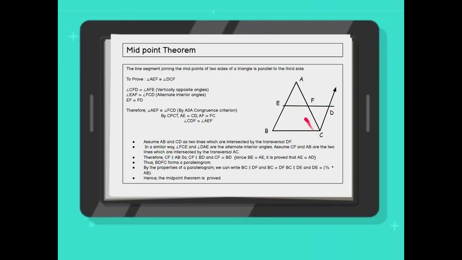If they both are equal, then their halves will also be equal. Half of BC is equal to half of ED. Therefore, half of ED is what? EF. Hence proved that half of BC is equal to EF. And we already proved that EF is parallel to BC. So, therefore, hence proved.